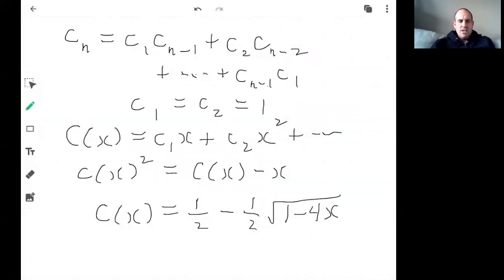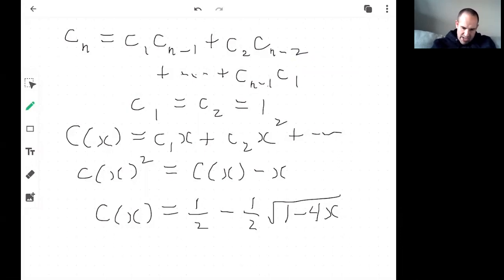So again, we started with the Catalan recurrence. Remember, that was the number of ways to multiply n numbers together, so basically the number of ways to parenthesize those numbers without moving them around. There was one way to do one number, one way to do two numbers.